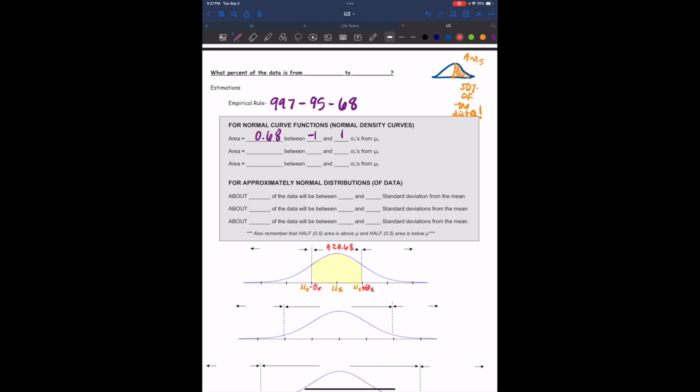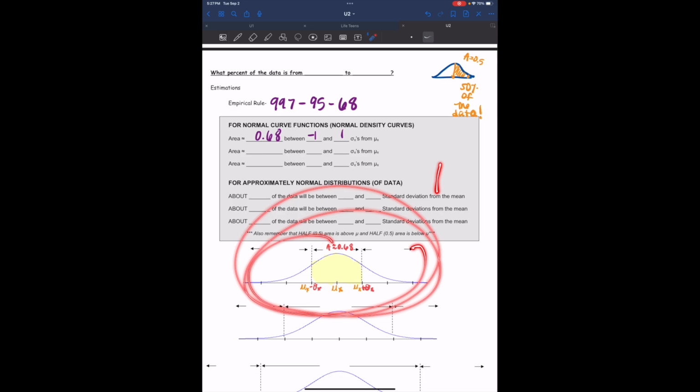We know that the total area of the whole entire curve is 1. So if you did 1 minus 0.68, that would leave you with about 0.32.